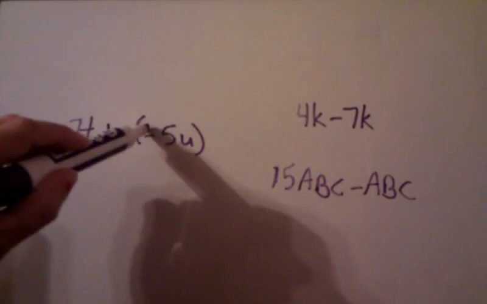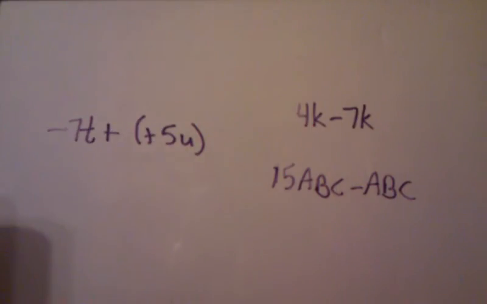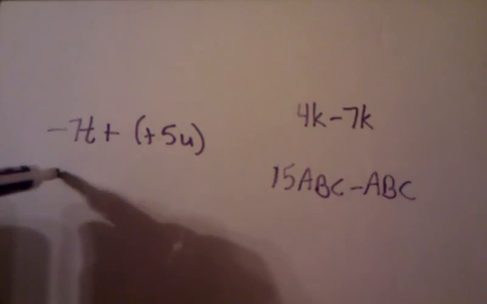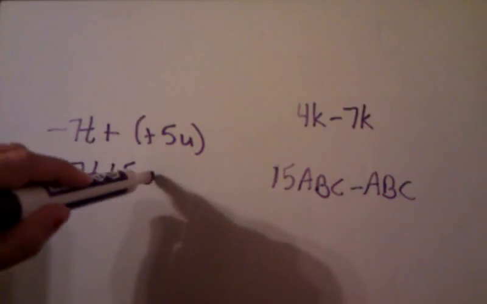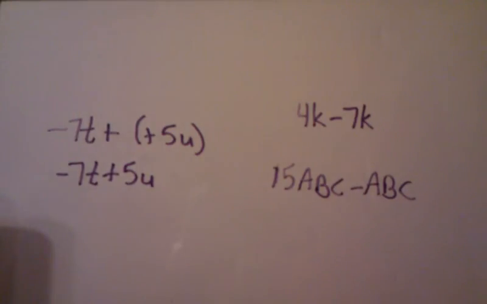My two negatives turn to plus, which would be negative 7t plus 5u. Did you get that? Let's look at number 13. Go ahead and do number 13. Stop the tape and do number 13 and then check it with mine, okay?